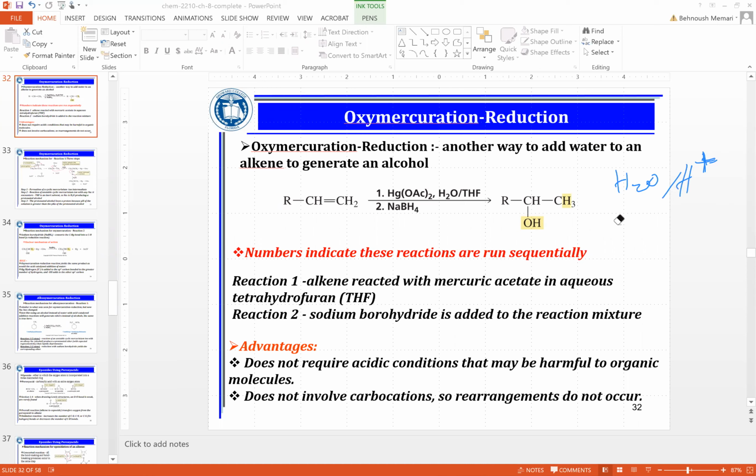But for oxymercuration, demercuration, what is different? What's the benefit of oxymercuration, demercuration that we didn't have for direct hydration? What's the problem with direct hydration? Did you see any problem with direct hydration?